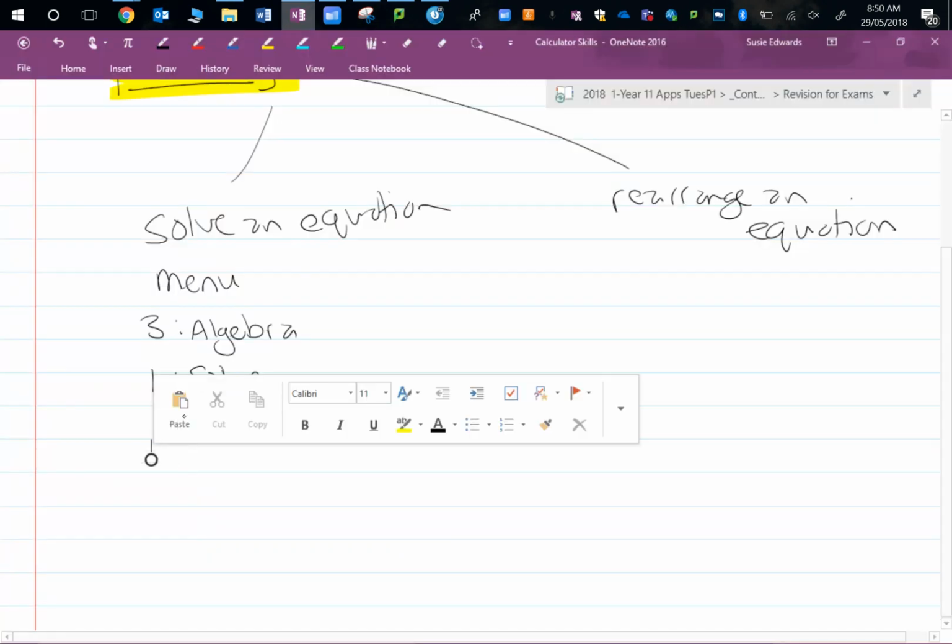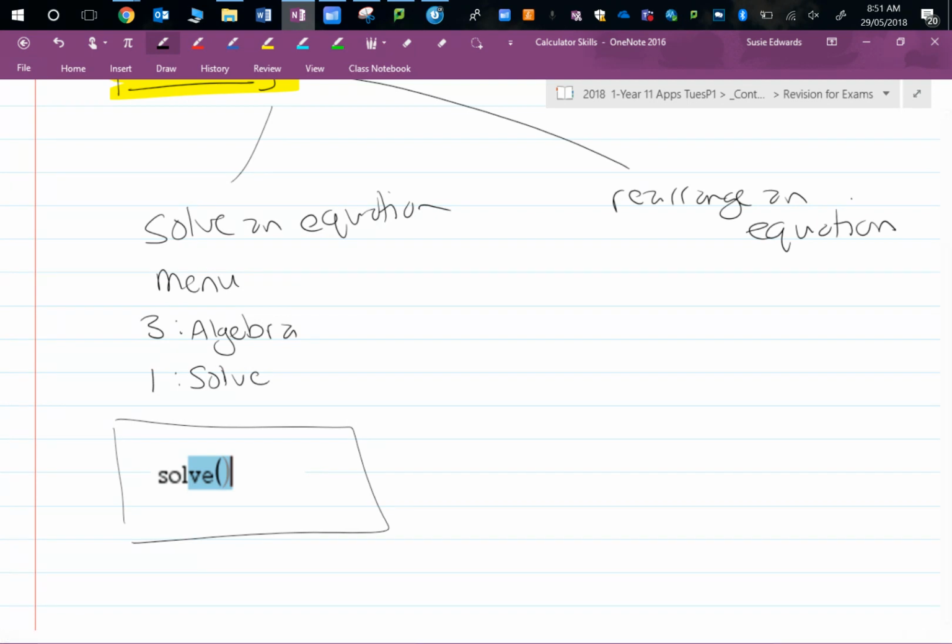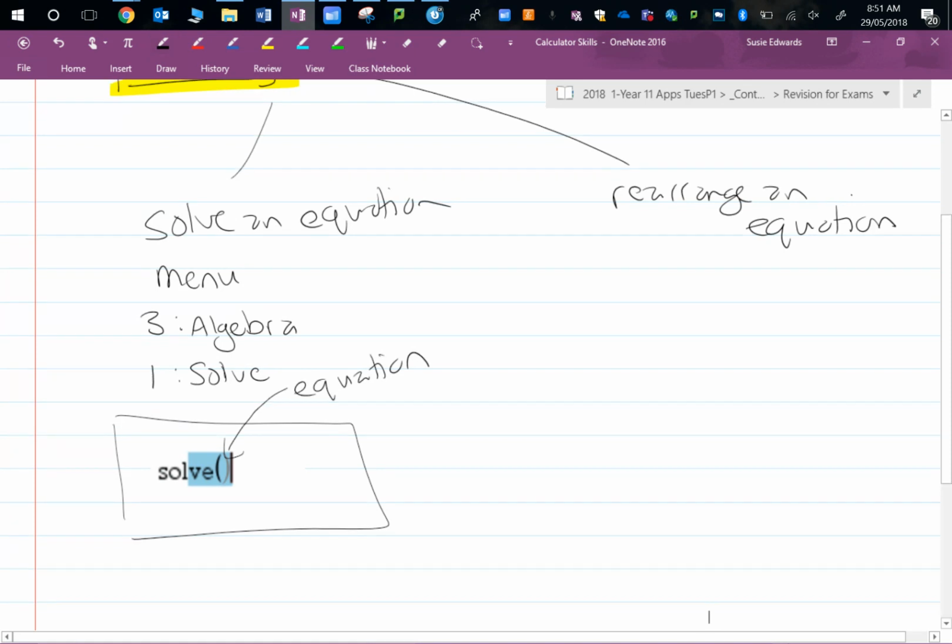What we're doing within this is telling our calculator to solve something, and it's got an open set of brackets. We're telling it to solve an equation. Inside that set of brackets, you need to put an equation. So what does an equation always have included in it? It has to have an equal sign in it, because you're saying something plus something equals something, and you're solving whatever that is.